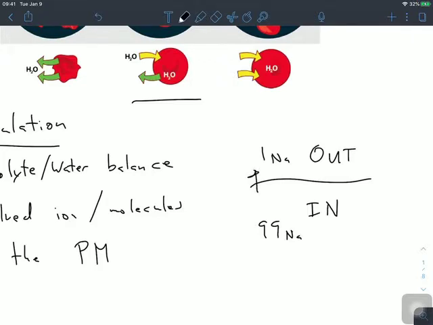This is the same principle that we saw in our neurons, right? Our resting state was a case where there was a high concentration of one ion on the inside and another high concentration of a different ion on the outside. And because the transport proteins were not there, you maintained this resting state balance.